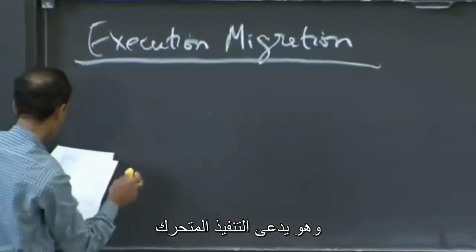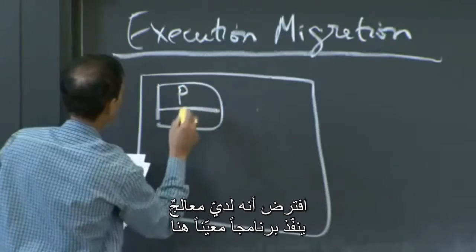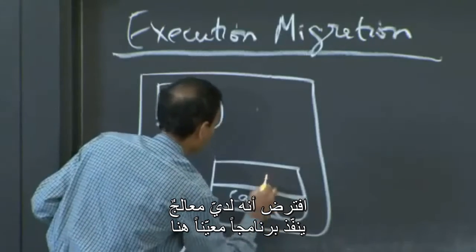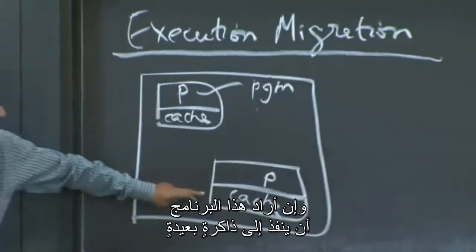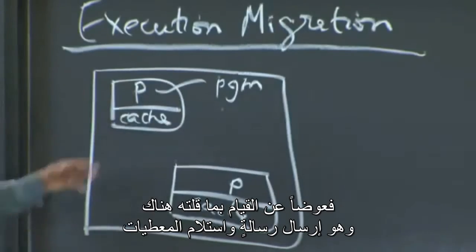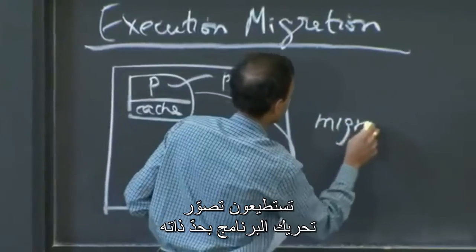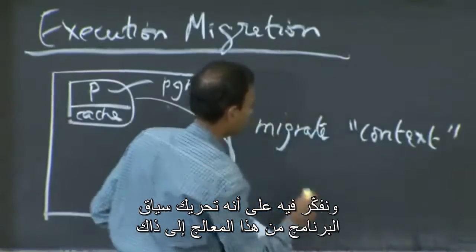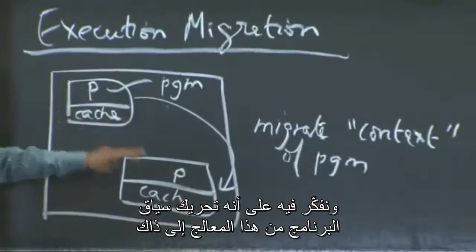We call it execution migration, where you could say, suppose I have a processor running a particular program out here, and if this program wanted to access a remote memory, then rather than doing what I just showed you there, send a message, get the data back, you can imagine that you could migrate the program itself, and in particular, you think of it as migrating the context of the program from this processor to this one.